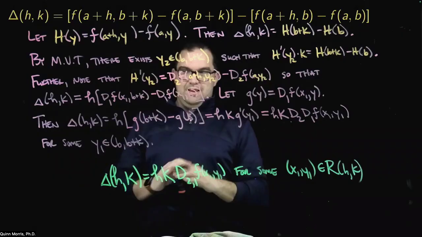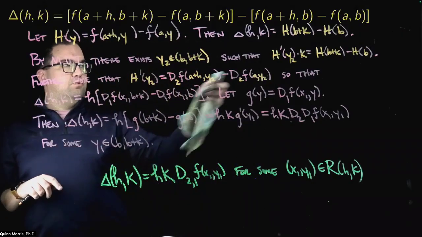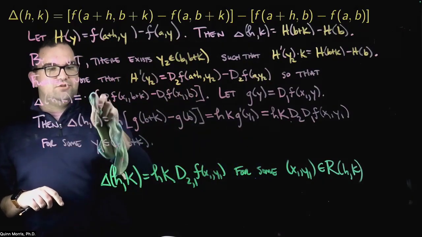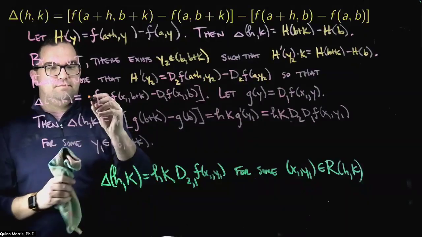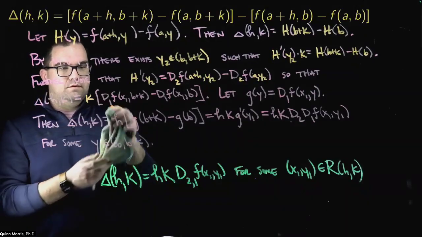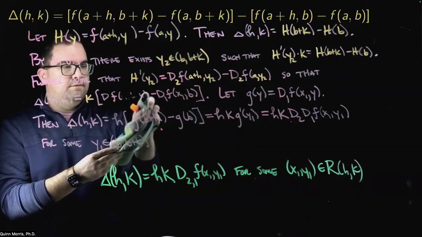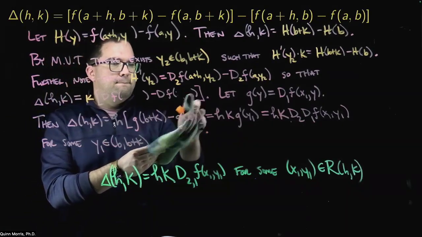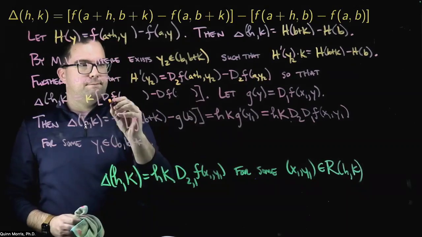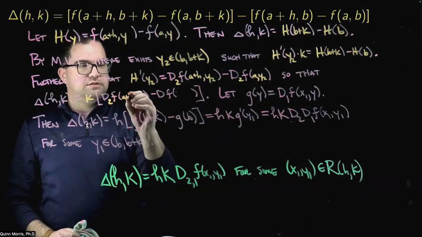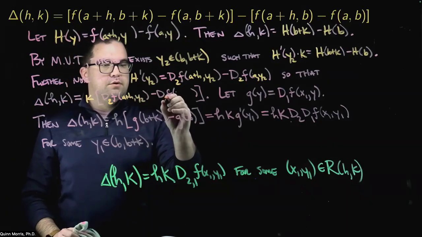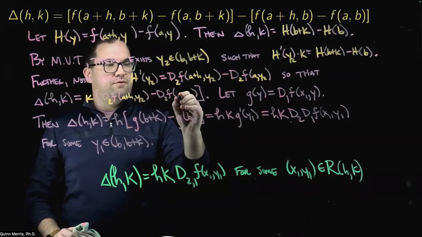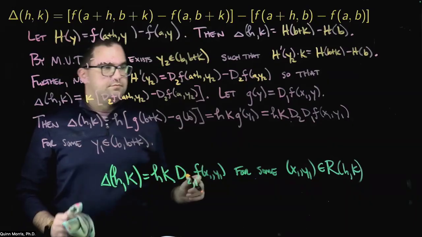And so now we have delta hk is equal to, we have now not a factor of h, but a factor of k, d2 of f of a plus h y2 minus d2 of f of a y2.